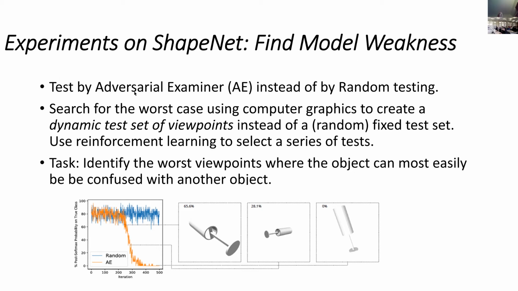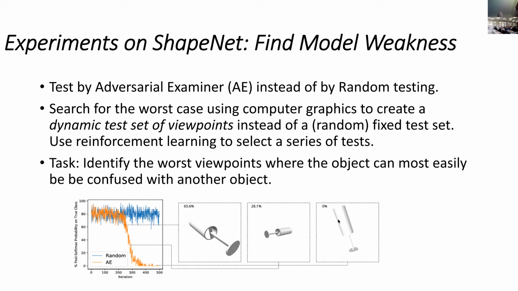So you want to compare what happens with an adversarial examiner compared to just random testing. Here is one of the objects, and if it's seen from this viewpoint, you get it right 65% of the time. If you see it from this viewpoint, however, you never get it right at all because you confuse it with other objects.